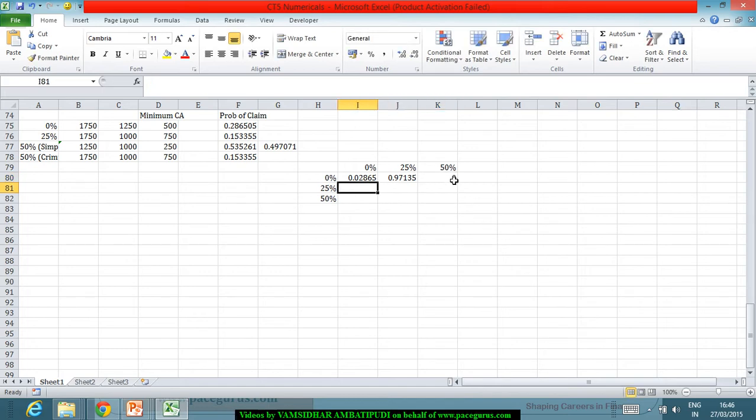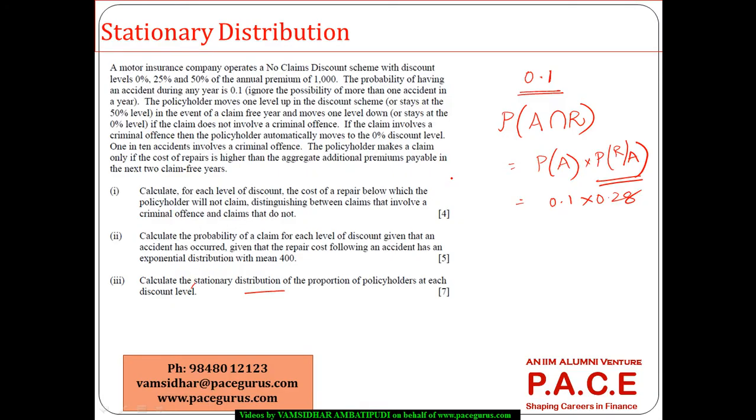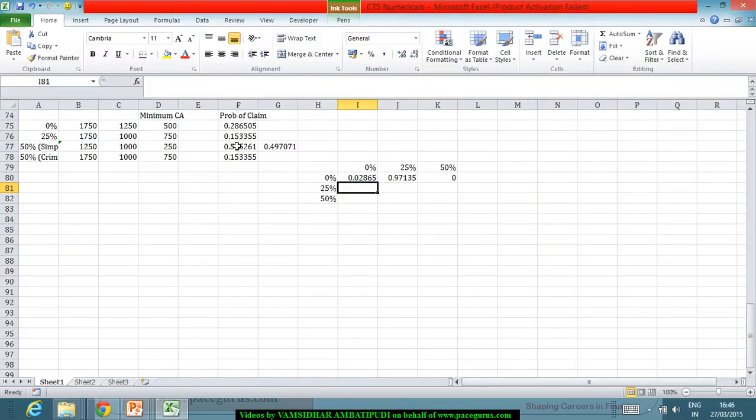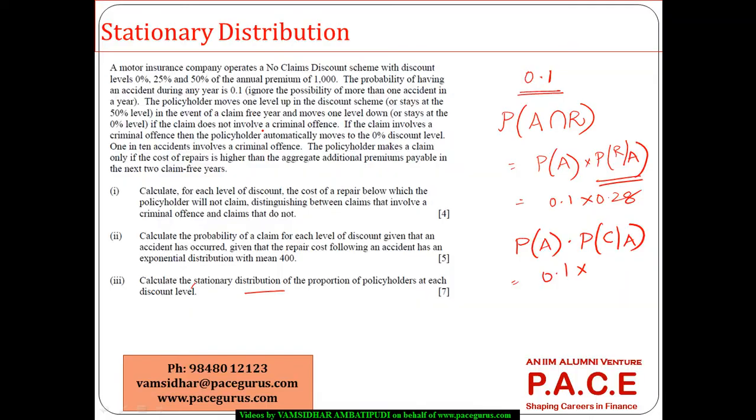Now same way, if the person is in 25%, if he is making one claim, that is when he will move to 0. So again the same logic: the probability that he is making a claim or making an accident, and probability of making a claim given the accident has occurred. So probability of an accident is 0.1, but probability of a claim given the accident has occurred is only 0.15 for this group.